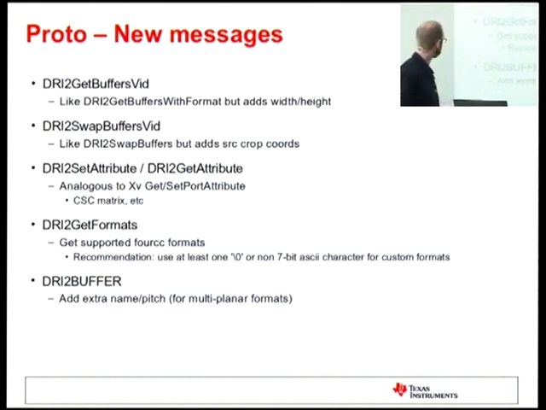And then I'd added a get formats, basically a way to ask the X server, hey, what color formats do you support? And that's based on a 4cc in the same way that the DRM KMS add FB2 is.